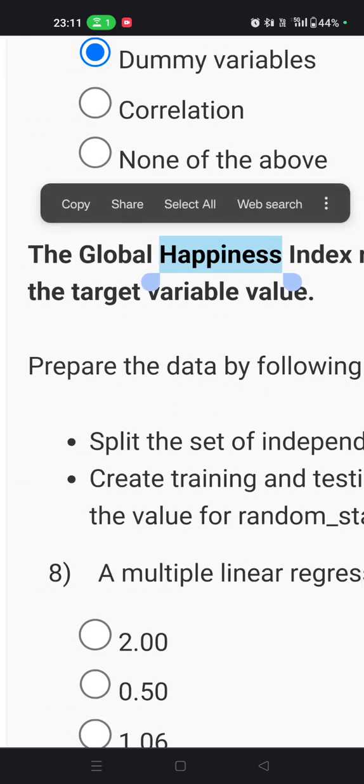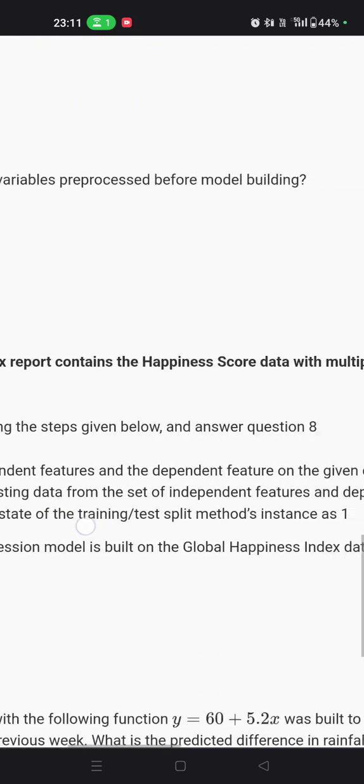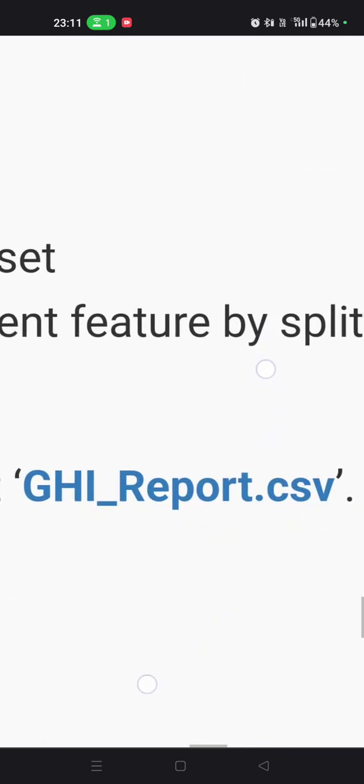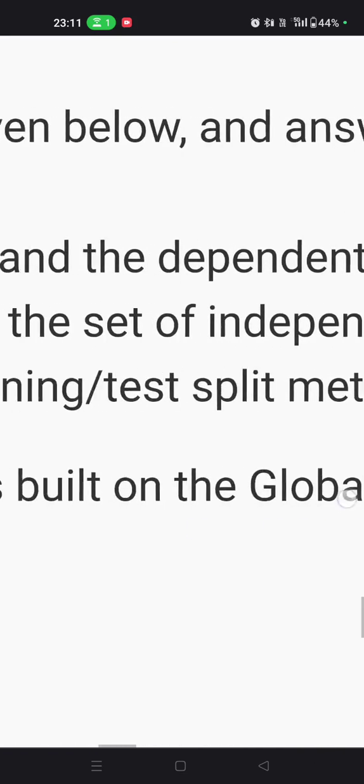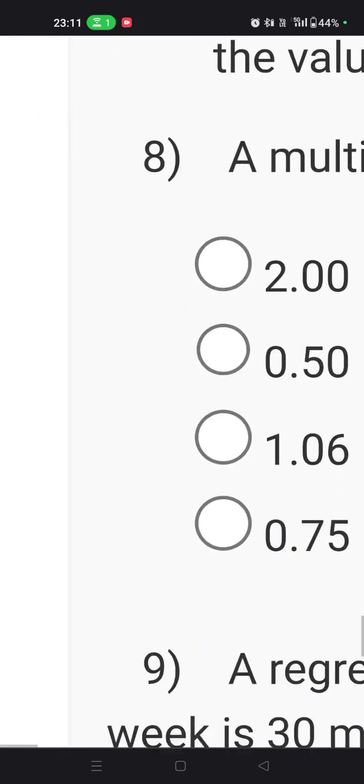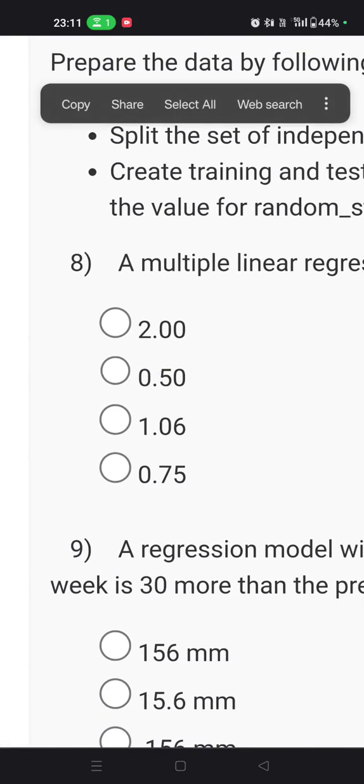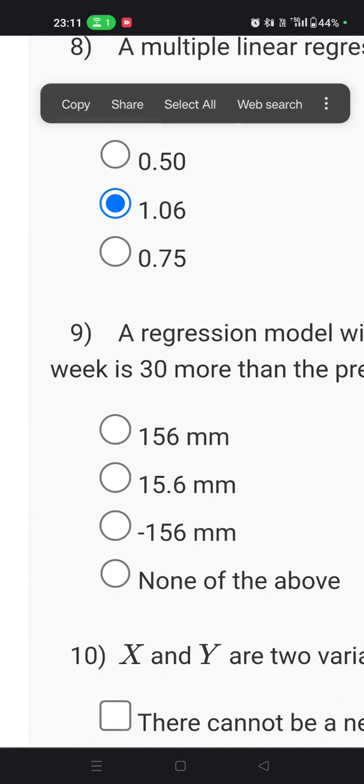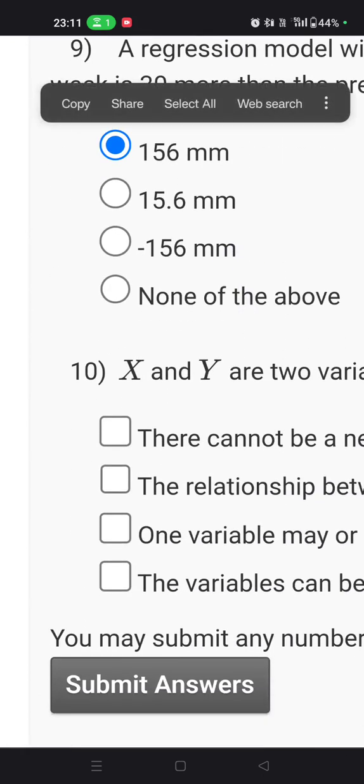Here also I suggest you open this file, then you will get the result. He is asking some answers; question number 8, the answer will be 1 point, already we solved, and question number 9, the answer will be this.